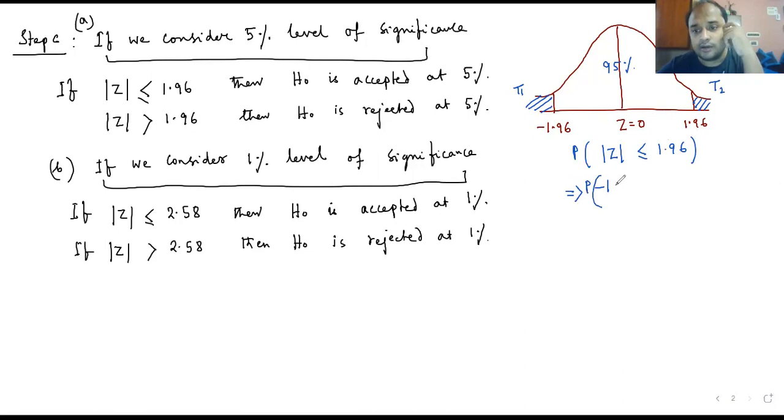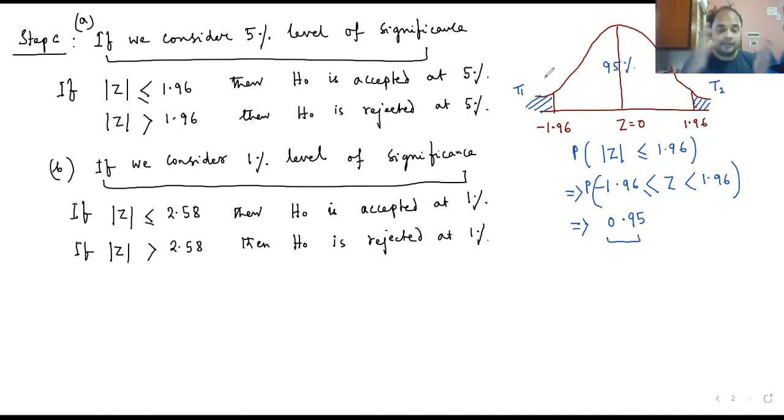by the way we find probability in normal distribution, it will break the modulus sign. It will take this particular shape, and we will find the probability to be, from the normal chart, 0.95. You can check it now or you can check it later. So this probability is giving you 95% confidence interval, and consequently the 5% level of significance is coming.